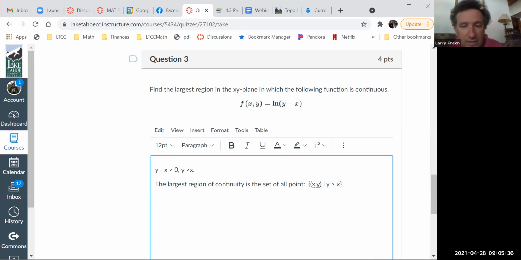That's all there is to it. Any questions at all? Any questions at all on the largest region of continuity?